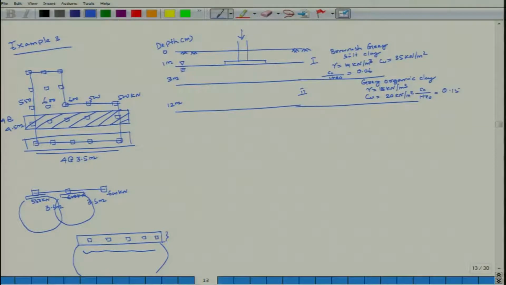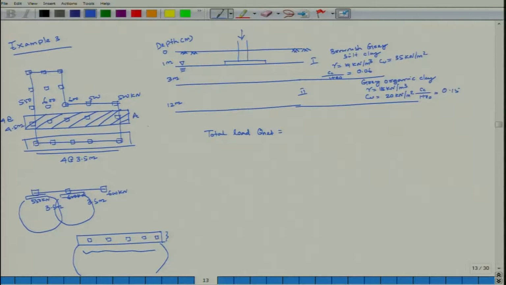So, total load, I can put it as Q net for this strip.